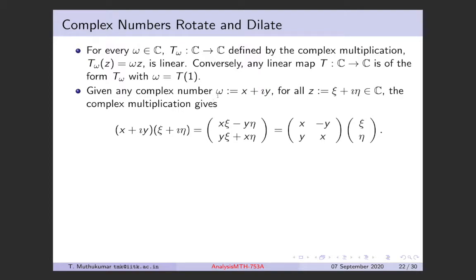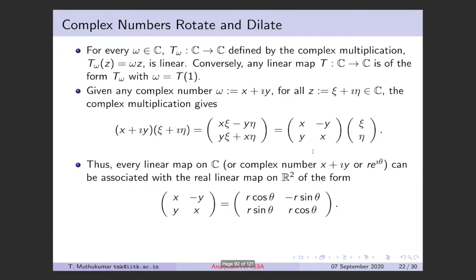But every complex number is also associated to a linear map on complex numbers. So in turn, every complex linear map can be associated to a special form of linear map on R2. What is the special form of linear map in R2? They are precisely the rotation and dilation in R2.